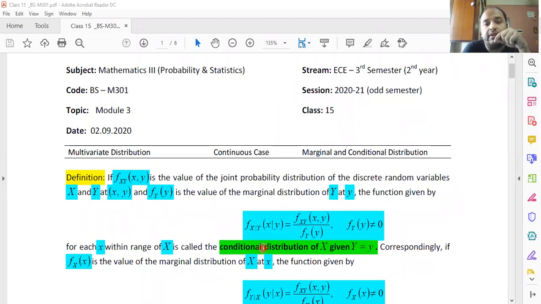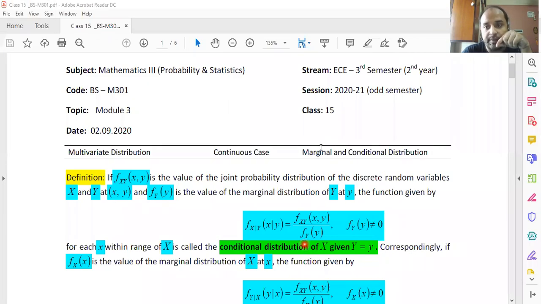Now, if I recall the definition of conditional probability, it is defined like this: if capital A and capital B are two events, then probability of A given B will be probability of A intersection B divided by probability of B. Now here, since I am supposed to find that the mother variable capital X is going to take a value small x, given that capital Y has already taken the value small y, that will be defined as the joint probability of the two variables, as written in the numerator, divided by the marginal probability corresponding to the variable y.